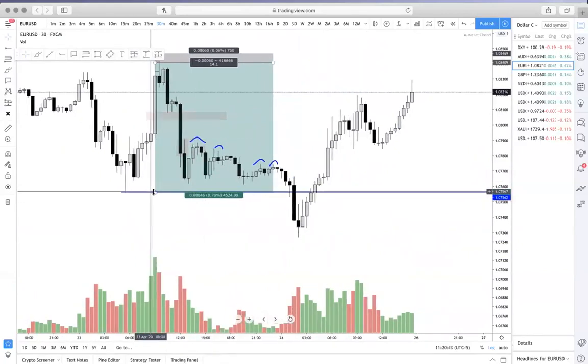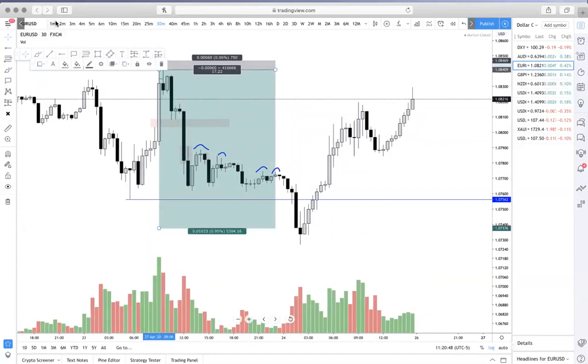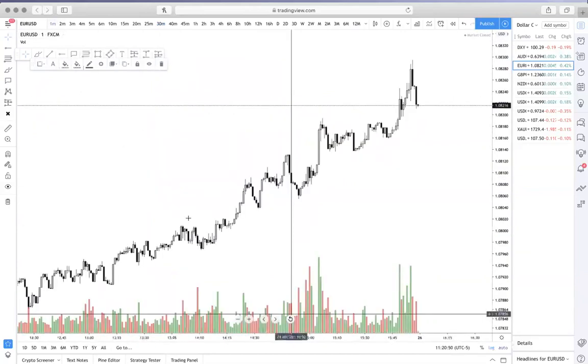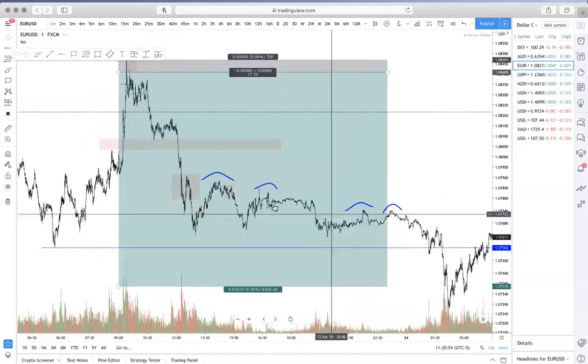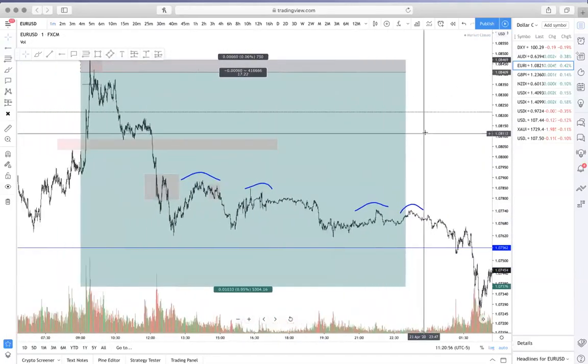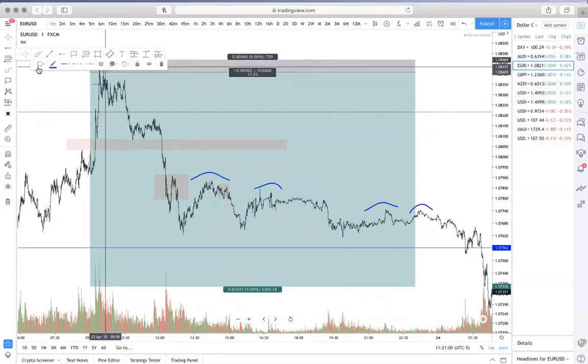But if you would have wanted to hold until the point where you really have an excuse to exit, when we're looking at this whole downside move, we see, hold on.